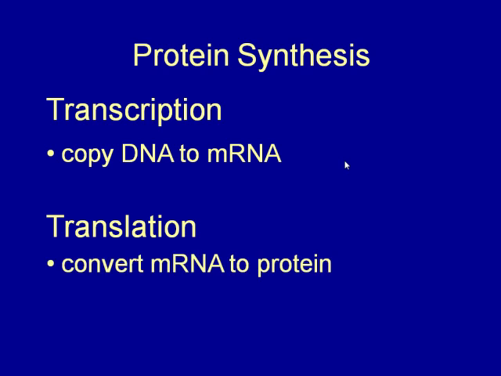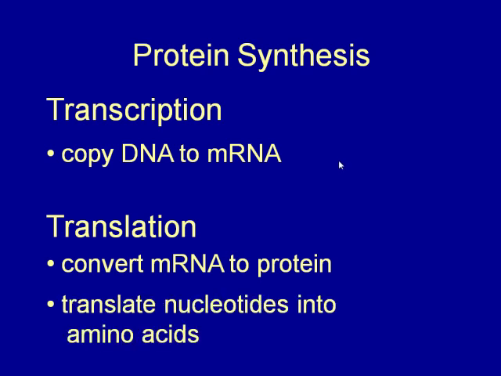When you translate something, you convert it from one language to another. Translation is the process of using that code on the messenger RNA and turning it into a protein. Since RNA is made of nucleotides and proteins are amino acids, we're basically taking a sentence written in nucleotides and turning it into a sentence that's written in amino acids.